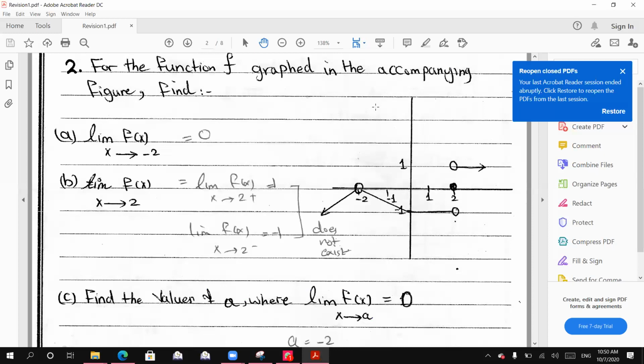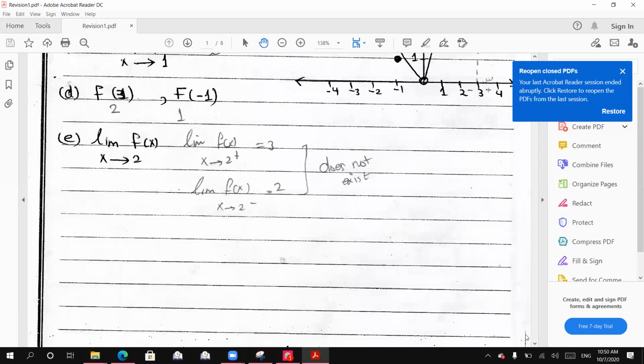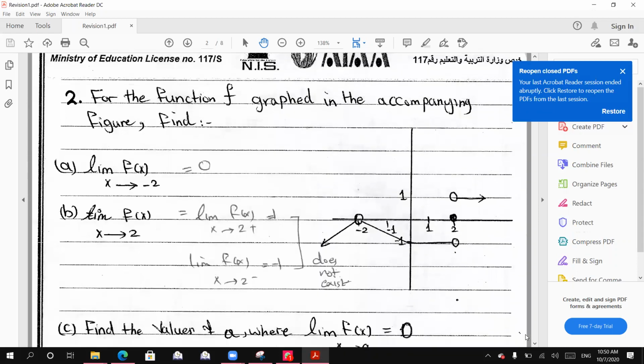Do you remember yesterday when you asked me, if you have a point like this at point 3, whether there is a value for the function, because it's closed here? You asked me if it's closed or open.